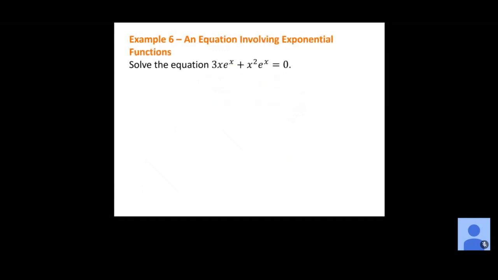All right. Let's look at this one. So again, we've got one where we have x's in multiple exponents, right? So we can't just isolate and take the log of both sides. We're going to have to do something else this time. All right.